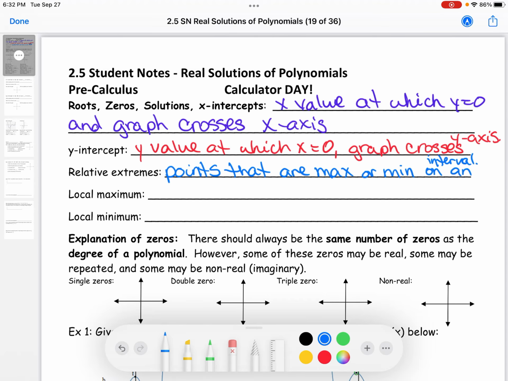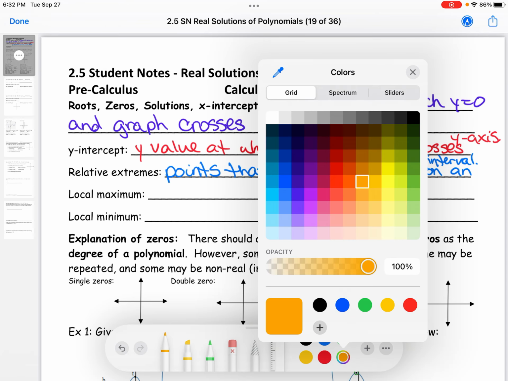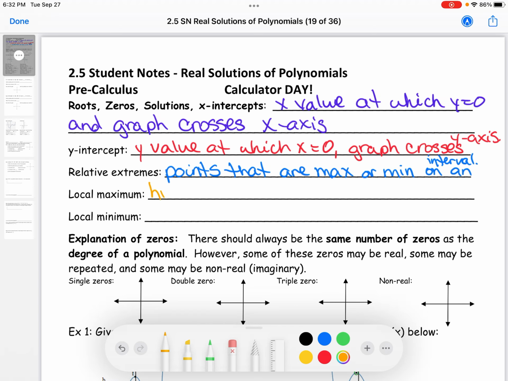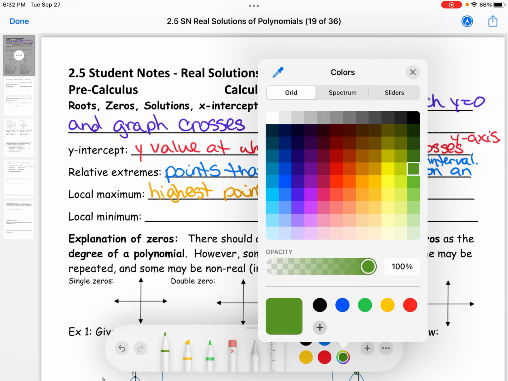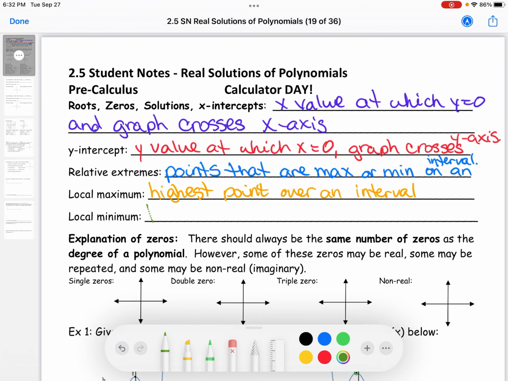If we're talking about local maximums, a local maximum is going to be the highest point over an interval. Given a specific piece of the graph, it's the highest point in that piece. And then a local minimum is going to be the lowest point over a specified interval.